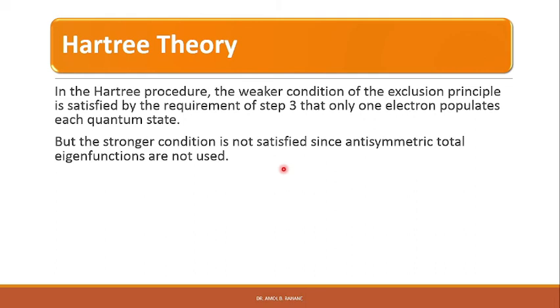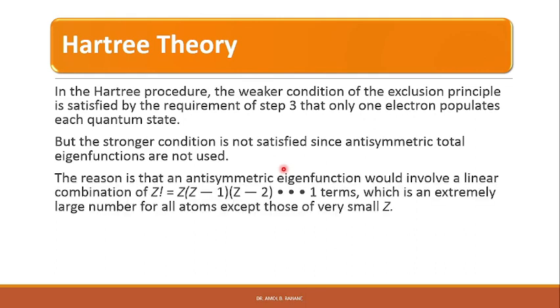The reason is that the antisymmetric eigenfunctions would involve a linear combination of Z factorial terms. That means if the number of electrons is more, there are more terms we need to take into account, and therefore calculations become much more complicated, right? Which is an extremely large number for all atoms except those with very small Z, right?